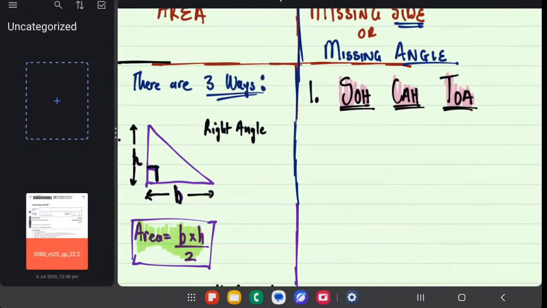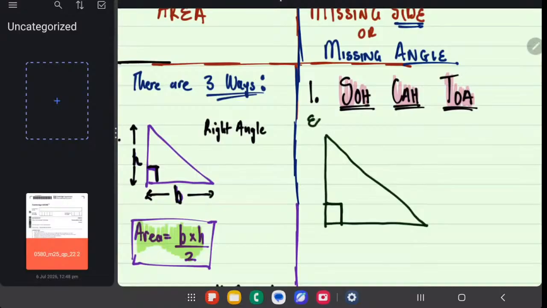So for Sokotoa, look at what you get. A triangle with a right angle. Then these are example cases. Look, you get a triangle with a right angle, Alex.